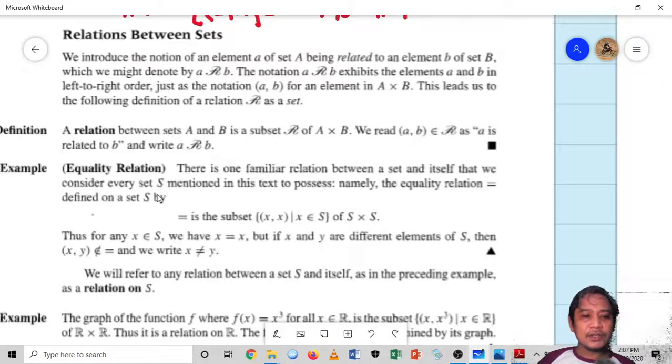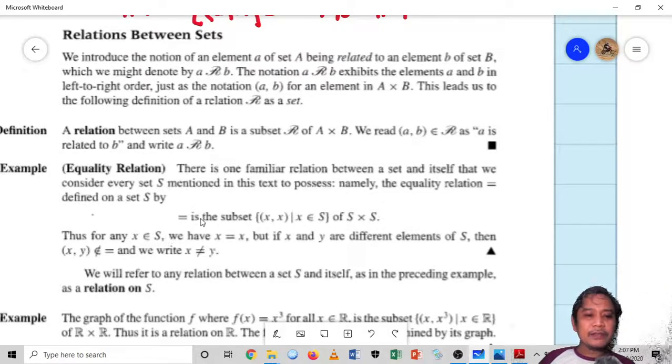Okay, a very familiar relation is the equality relation. We say that, let's say, 1 equals 1, 2 equals 2. In other words, the notion of equality is that we're referring to the same element. They are just one and the same. That is why they are equal.